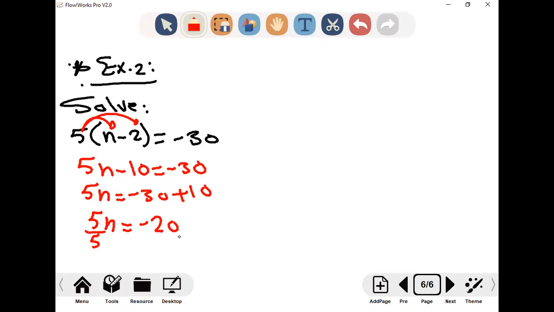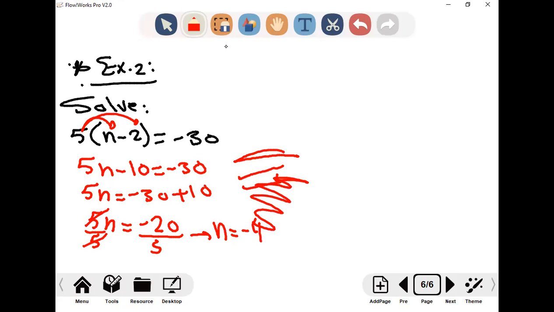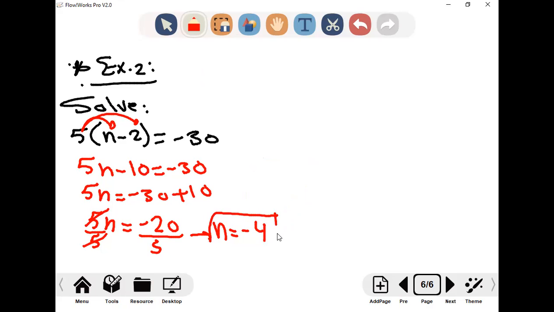Divide by 5 on both sides. So n will be what? Minus 4. n will be minus 4. So there is no check for this. So this is example 2.